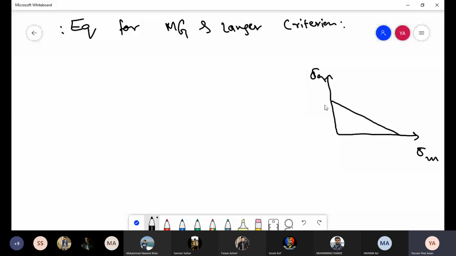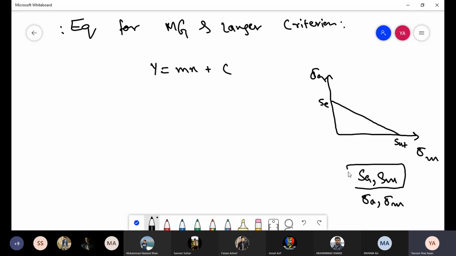So starting with the modified Goodman diagram. Obviously it is a straight line, so you know how to write this equation. Just let me tell you that we will be using two sets of variables. One is SA and SM, and one is sigma A and sigma M. SA and SM are the values of alternating and mean stress on this line.